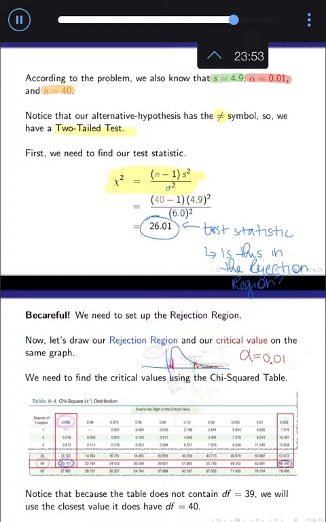That's going to be the area between both tails of our rejection region. So the question is, what's going to be the area in just one of those tails? Well, it'll be half of that. So the area in just one of these two tails for our rejection region will be half of the 0.01, which will actually be 0.005 in each one of our tails.